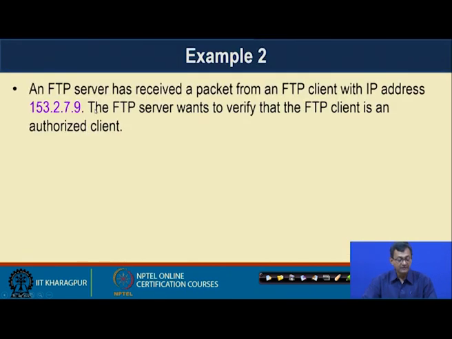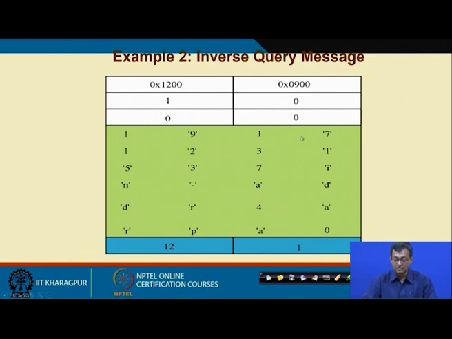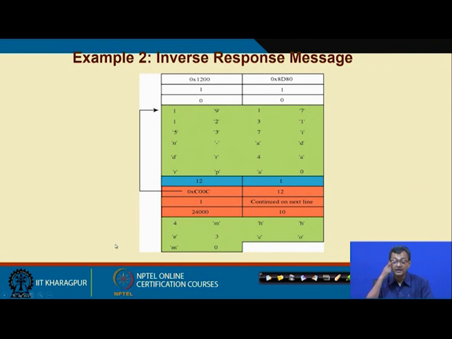So, if I have 9.7.2.153, here it becomes 9.7.2.153.in-addr.arpa. So, this is the way it resolves, and the inverse response returns the particular name, which is mhhe.com, the name of the particular domain.